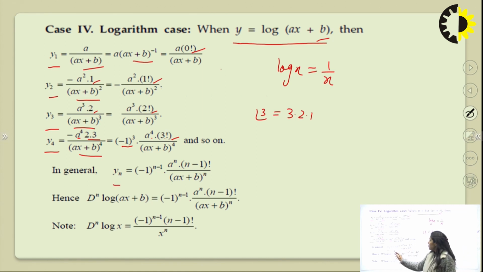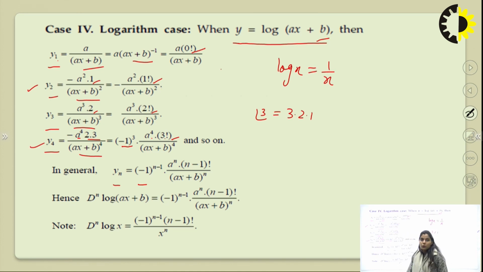So yn is equal to minus 1 power n minus 1, because in the derivatives the odd terms are positive and the even terms are negative: y2 is negative, y4 is negative.